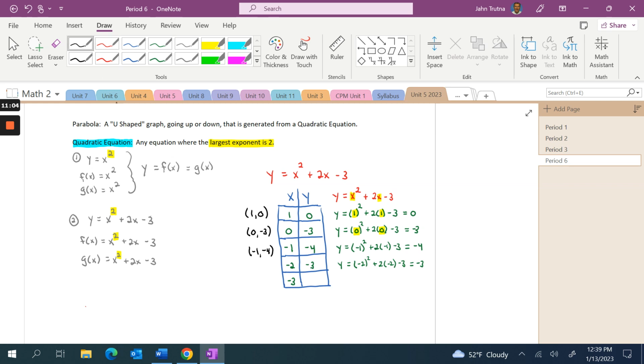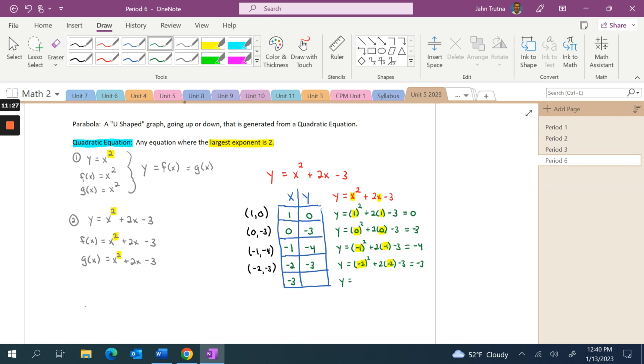So that creates the ordered pair with the coordinates -2, -3. Okay, last one, let's substitute in -3 in the place of x. Hopefully you've noticed that every time I substituted a number where x used to be, I always put that number in parentheses.